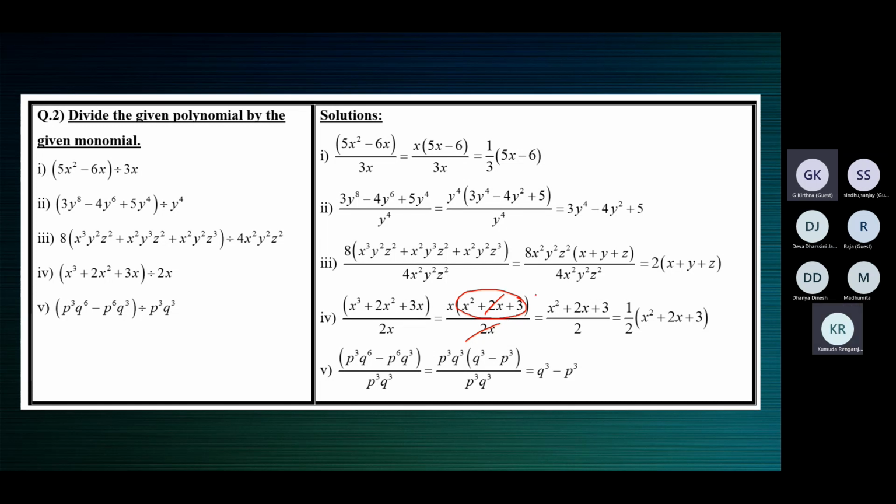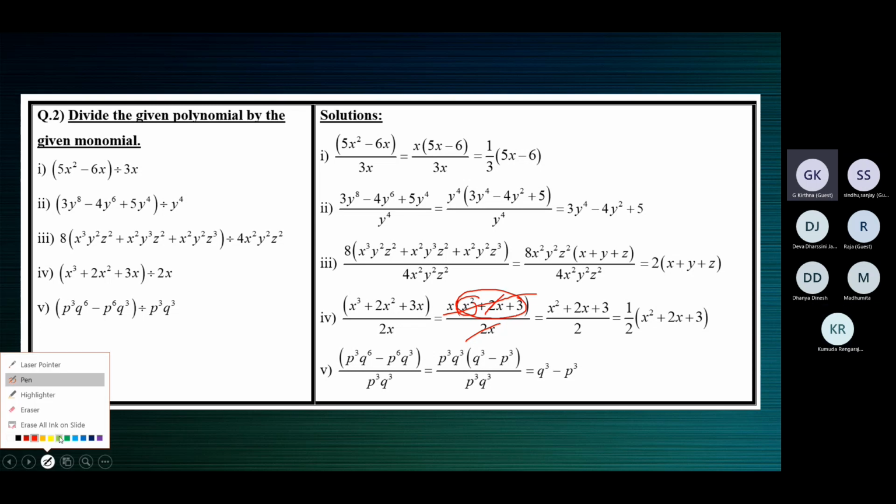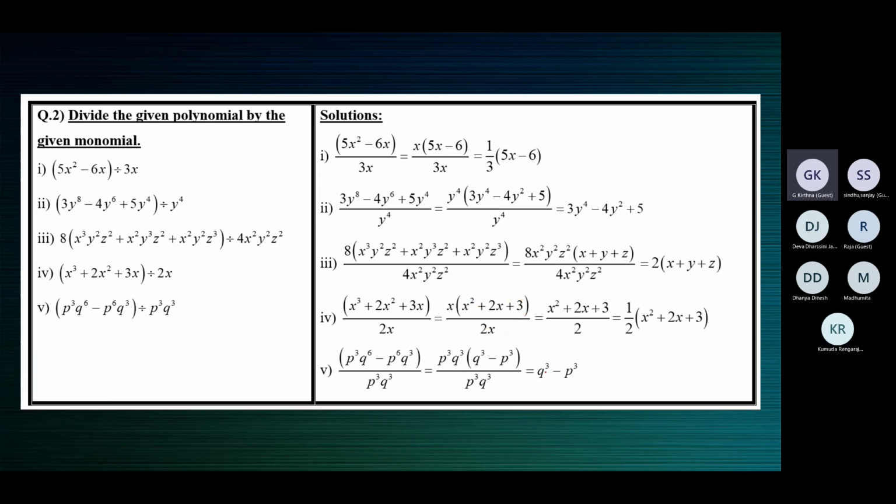Nobody is independent. You can cancel the expression fully, but you cannot take any one of them separately. So this x and this x will get cancelled. Whatever remains is the answer.